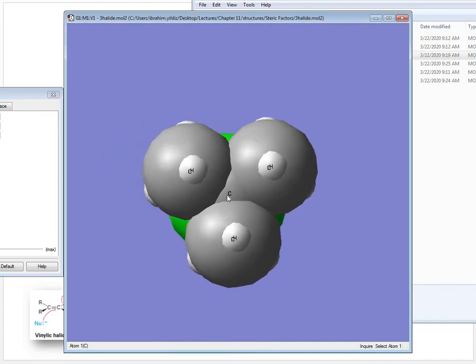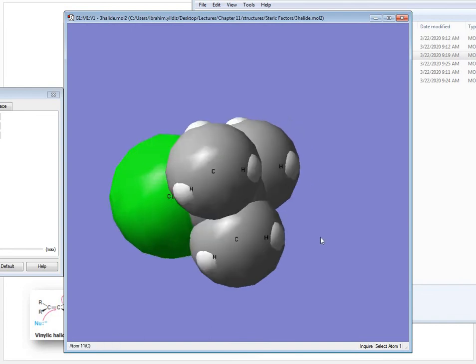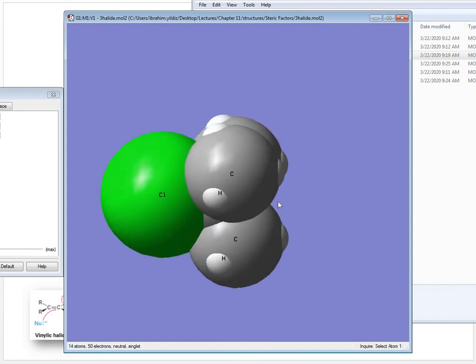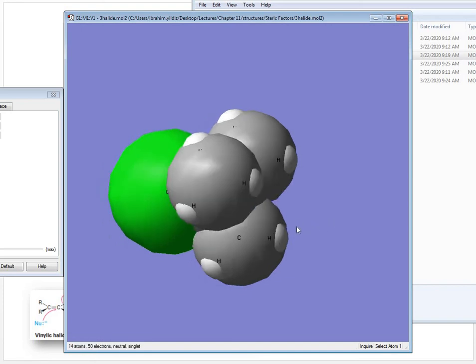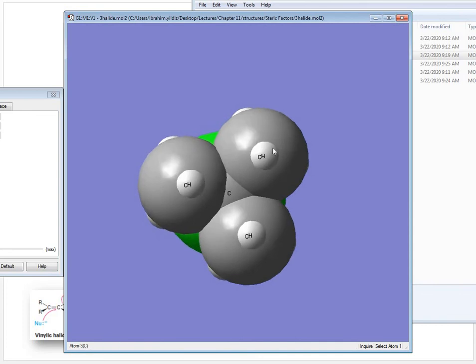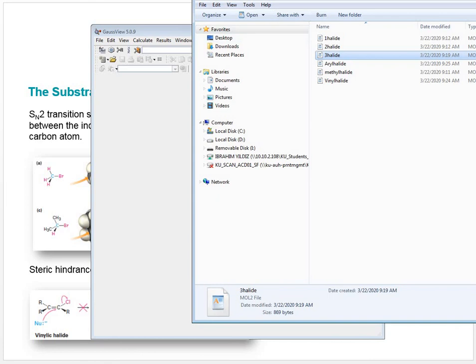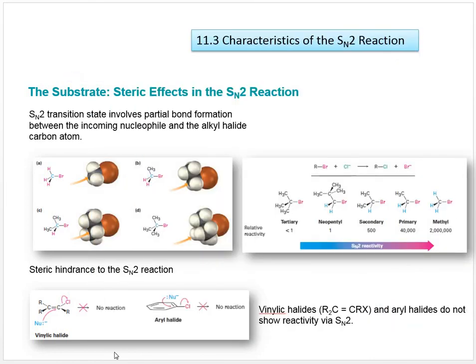As you see here, this is the electrophilic carbon. It's almost blocked by 3 methyl CH3 groups. So if you are a nucleophile, you will not be able to easily approach this carbon that we cannot see almost here. So that's the reason why t-butyl chloride, or t-butyl bromide, that was the example, reacts almost 2 million times slower with respect to methyl bromide.